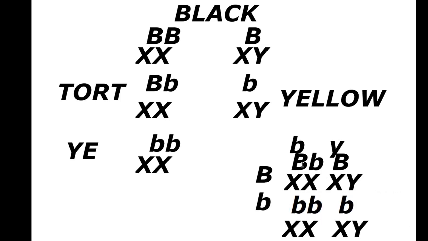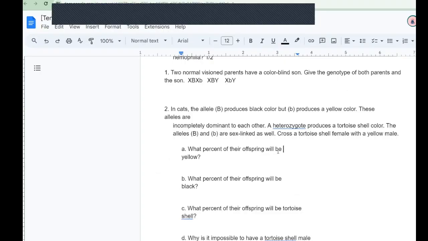Now, what's this one going to be? Well, this is going to be a tortoiseshell female. This is going to be a yellow female. This is going to be a black male, and this is going to be a yellow male. So we're going to have basically 25% of each, it looks like. All right, let's go back to our question. What percent of their offspring will be yellow?